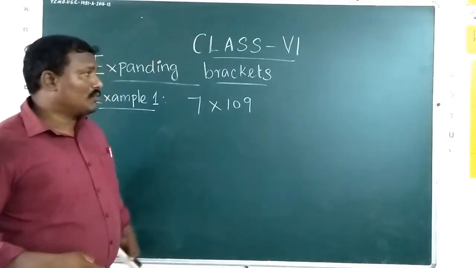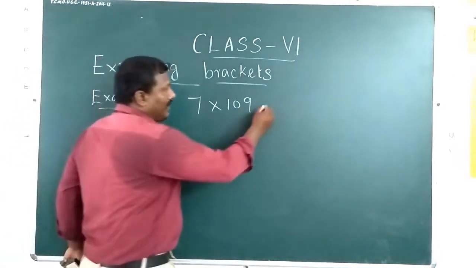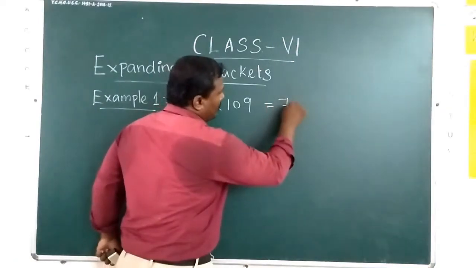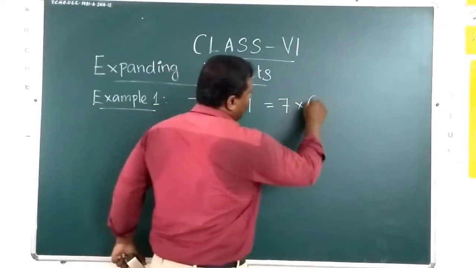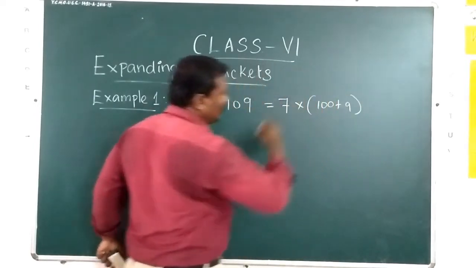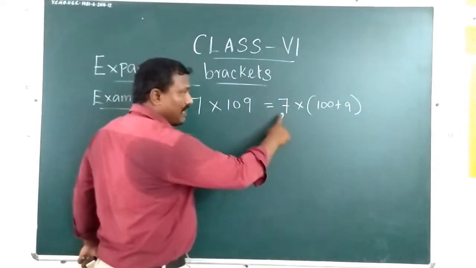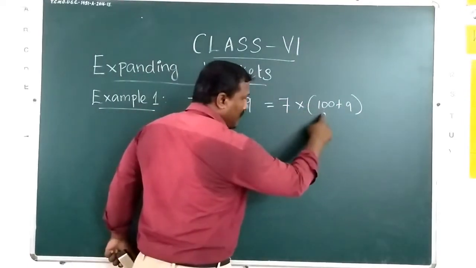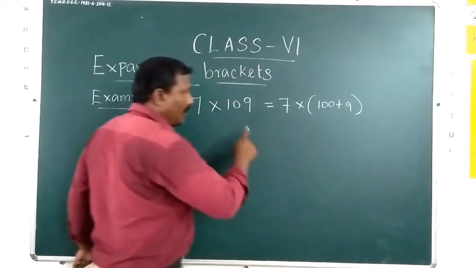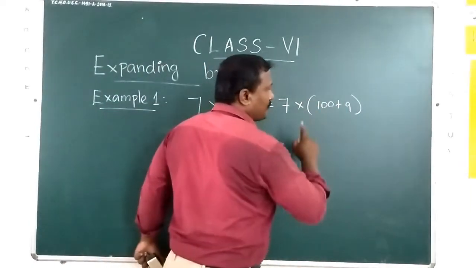Okay. So now I am going to expand this number 109. I will expand it as 7 multiplied by (100 plus 9). What is the meaning? You have to multiply 7 by both 100 and 9. Now I expanded 109 into 100 plus 9.